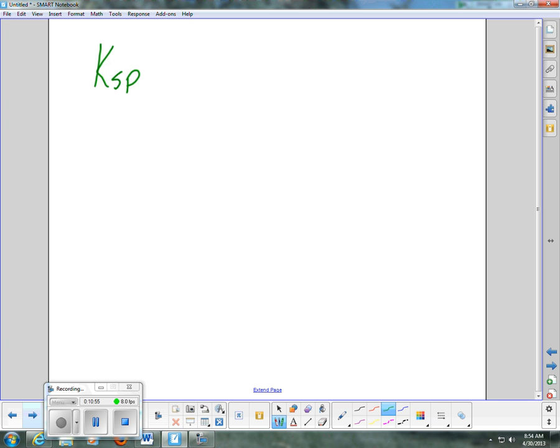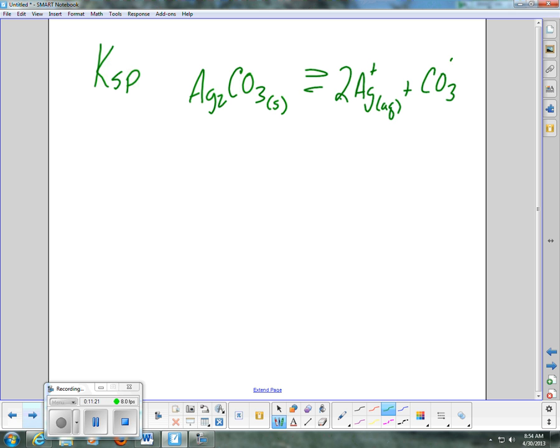So if we look at this first one, that was as an example, it asks to compare the KSP of Ag2CO3. So what it's basically saying is I started with this as a solid, and I'm going to go to 2 Ag+ aq plus CO3 2- aq.